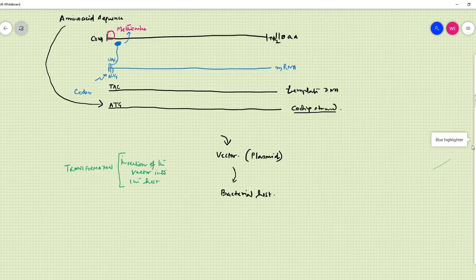Okay. So the next step is this transformed bacterial host is selected. Select transformed bacteria. Okay.